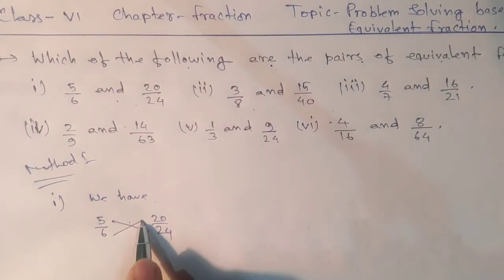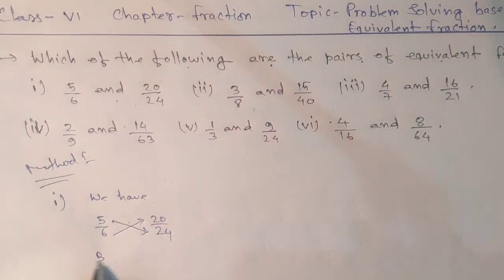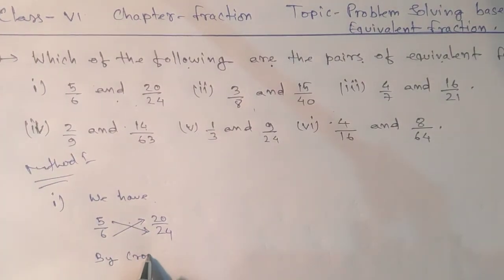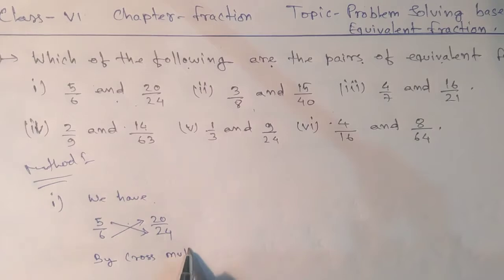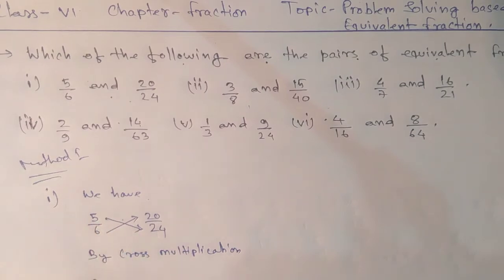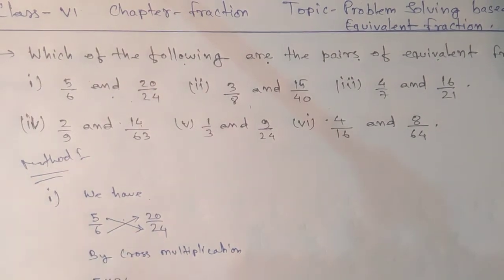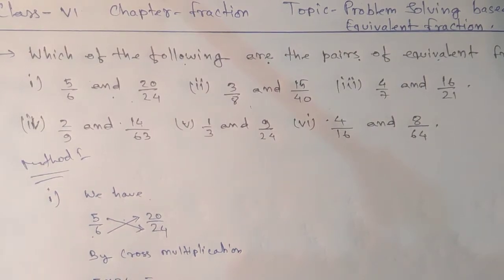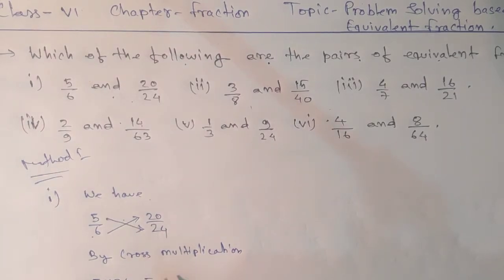So write by cross multiplication. By cross multiplication, what are we getting? 5 into 24 we are getting, let's check, and 20 into 6, this we are getting 120, and this, let's check, yes, this also we are getting 120.